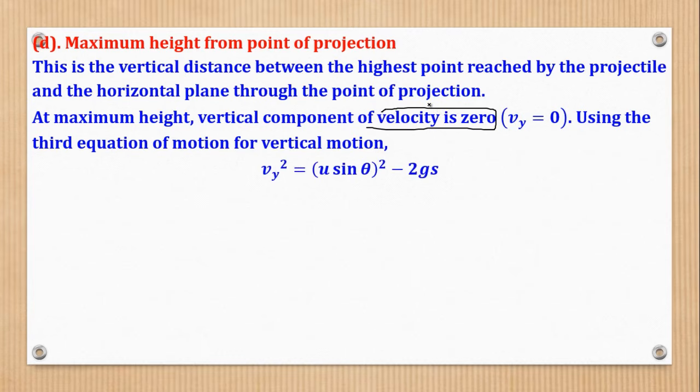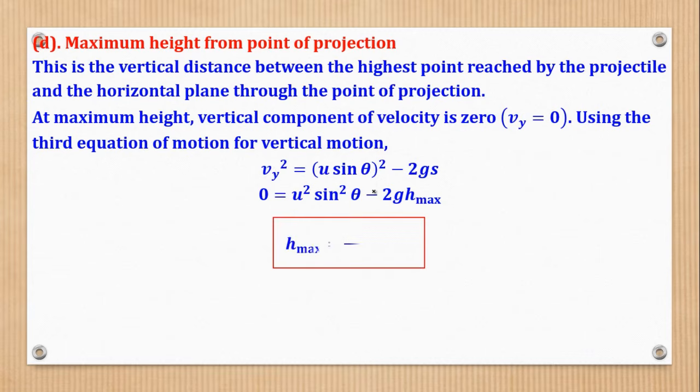Therefore, from the third equation of motion, we shall say Vy squared is equal to (U sine theta) squared minus 2gs. When I substitute the vertical component being equal to 0, then s will be Hmax. My work is to make Hmax the subject, to come up with U squared sine squared theta over 2g.